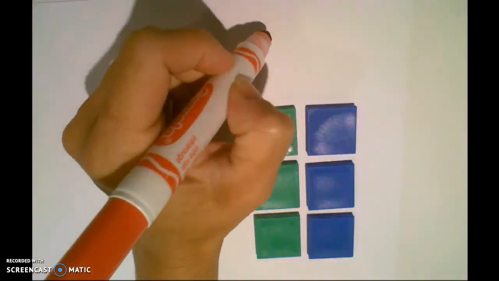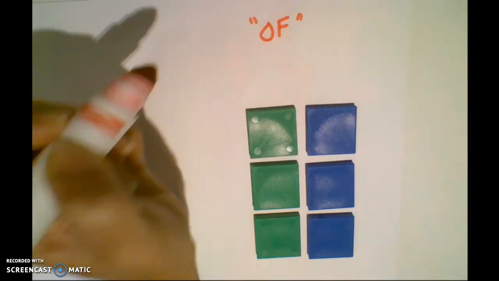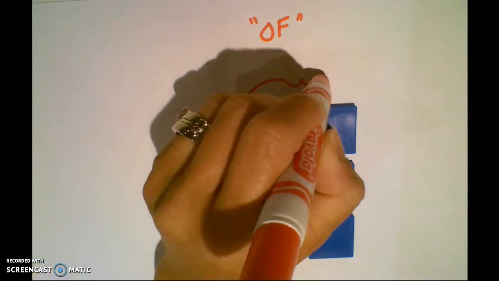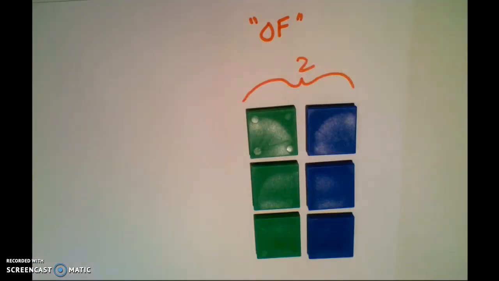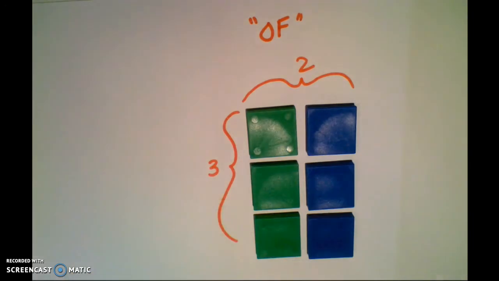We had talked before about how we multiply using tiles. I'm sure you've seen this 100 times. And we've also talked about how the word of typically means to multiply. Let's look at that just real quick again. Here, you'll notice I have two columns of 3 tiles each.